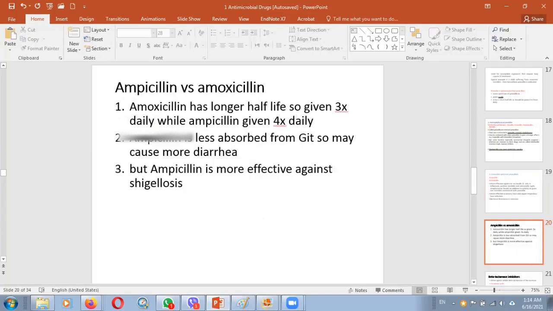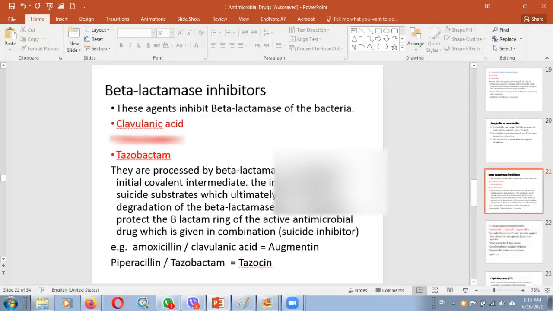Ampicillin is less absorbed from the GIT, so it may cause more diarrhea, because it interferes with the growth of gut flora. But ampicillin is more effective against shigellosis. This is also an important point: if you have a Shigella infection, ampicillin is a better choice than amoxicillin.